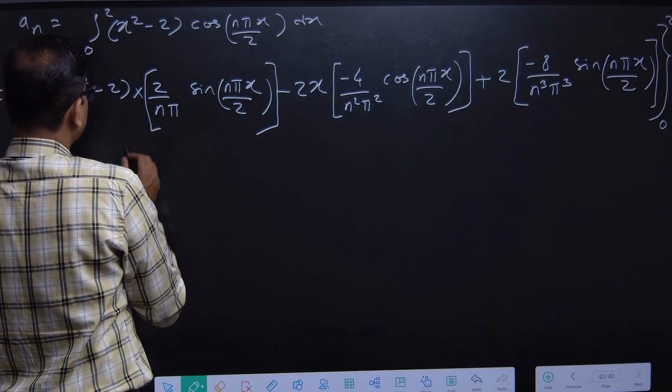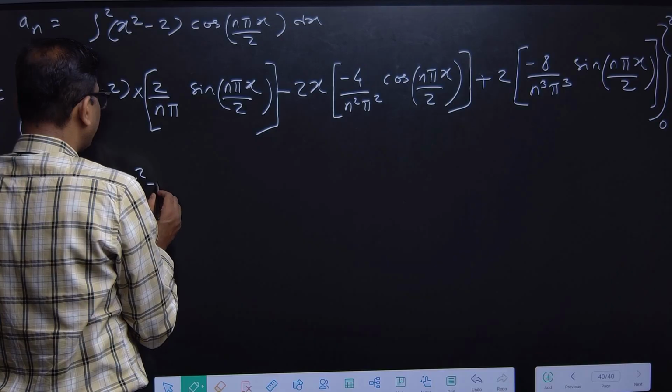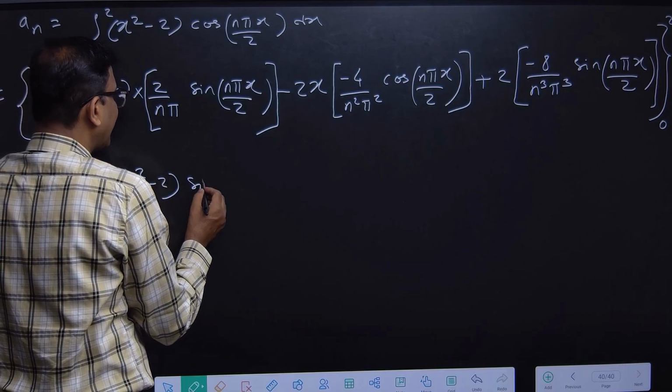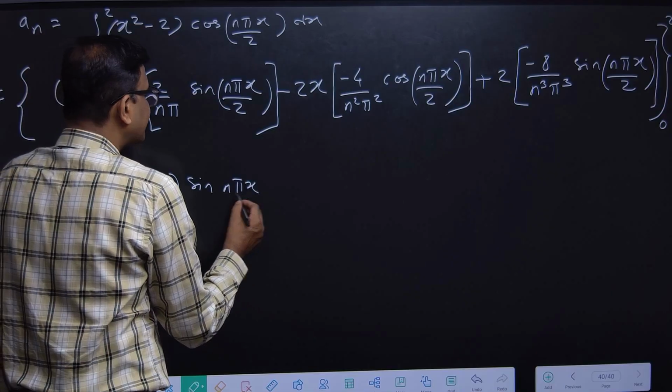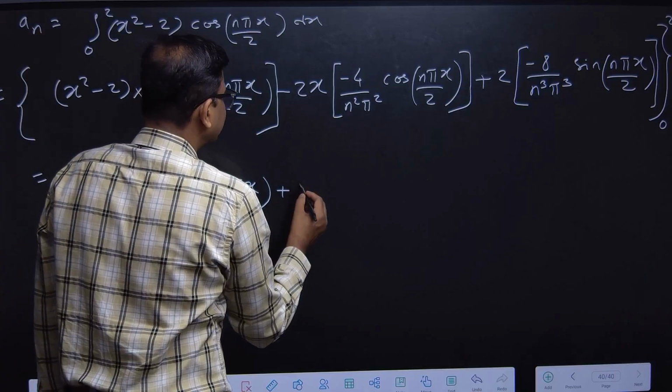So this you can write as 2 upon n pi into x square minus 2 into sine of n pi x upon 2. Minus into minus will be plus. 4 into 2 is 8.